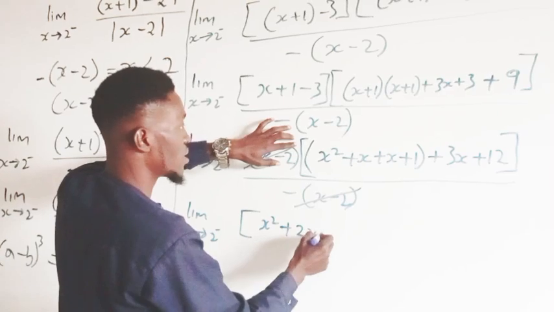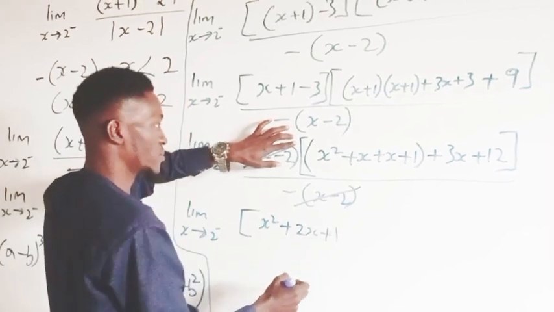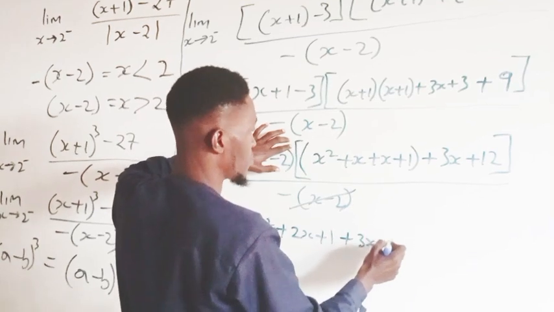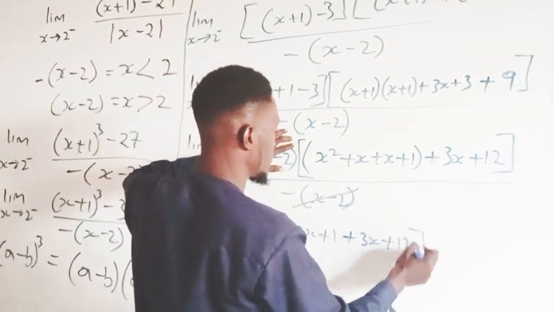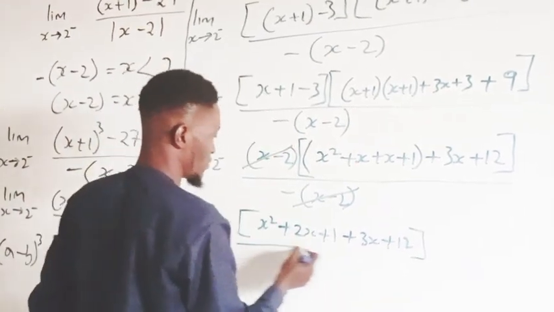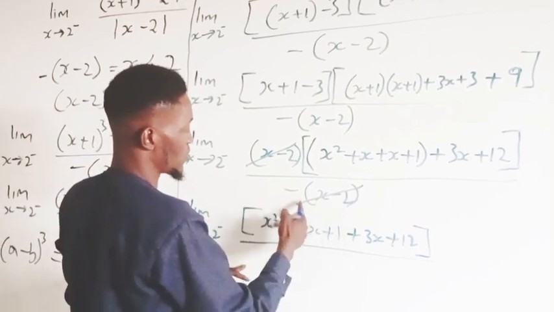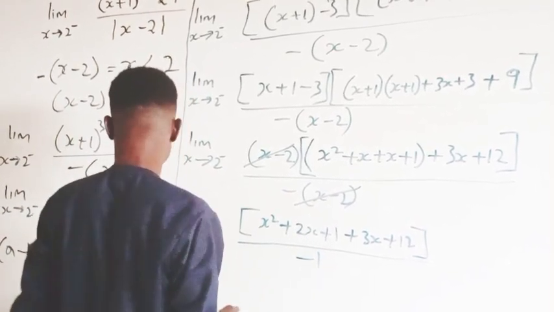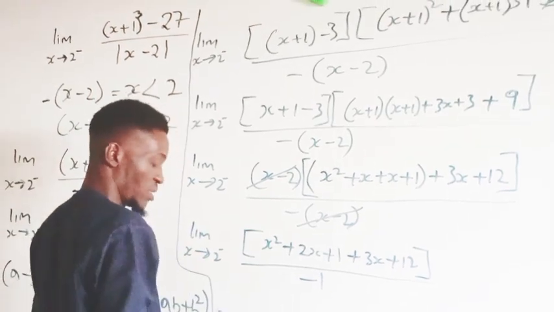So 2x plus 1, plus 3x plus 12, everything over minus 1.